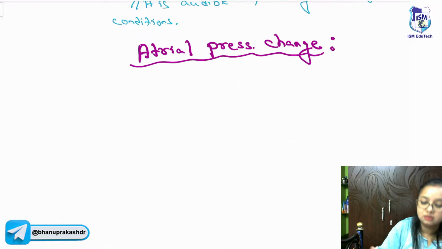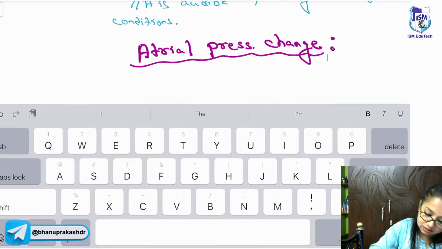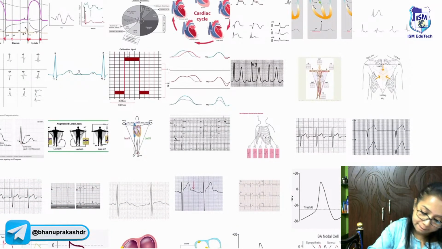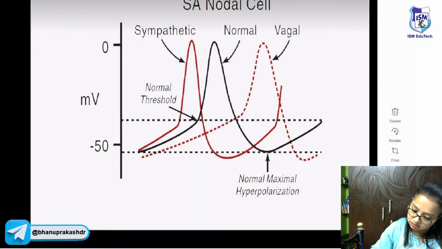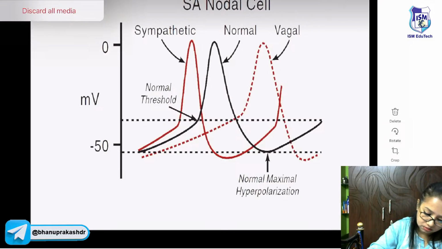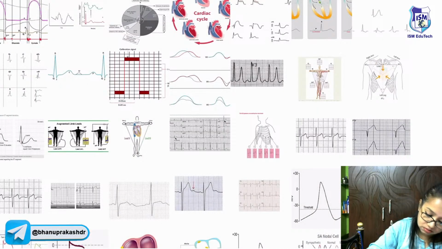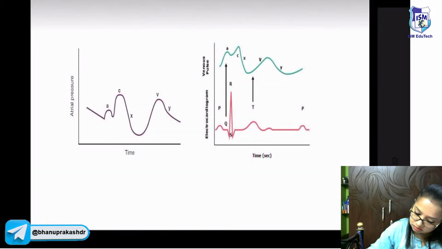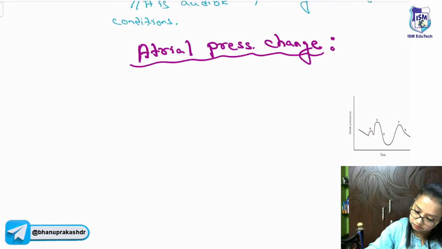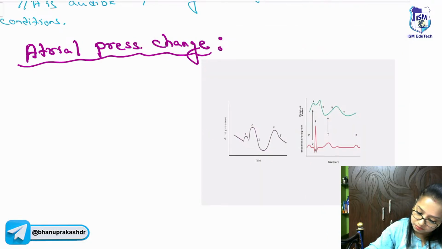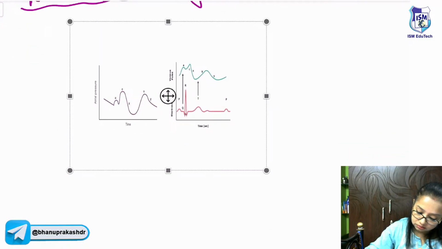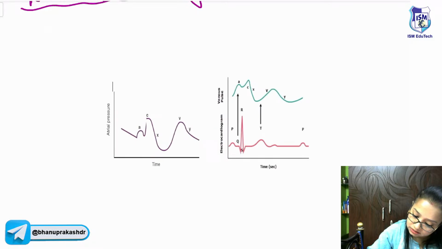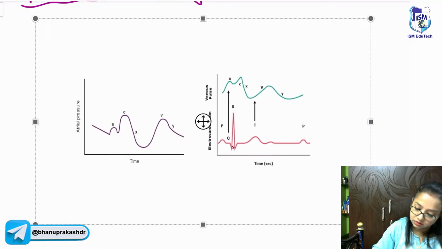The atrial waves are this. This is the pressure of the atria, or atrial pressure change.